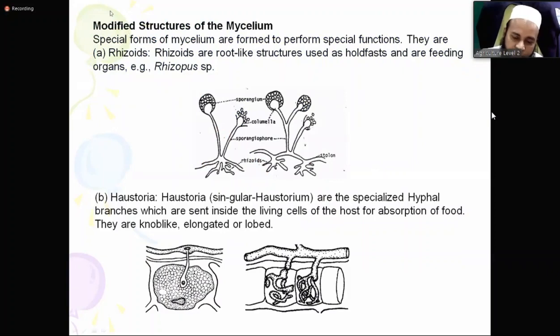Last class, we also discussed the modified structures of mycelium, how fungal mycelium is modified in different substrata. So we said rhizoid. Rhizo means root, usually used for a minute or small thing. So a very small root-like structure, which we cannot see with our naked eye, only in the microscope.